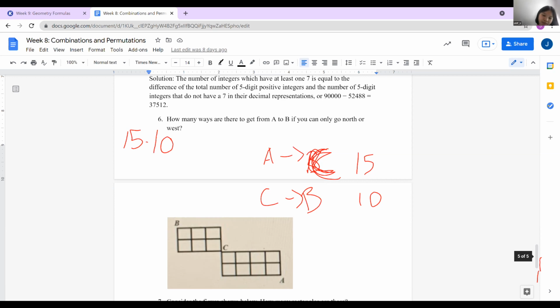Well, for this part, since we already know, we use choose to calculate each of these cases, but to calculate the whole thing, we actually multiply them together because those are independent. To construct a tree diagram kind of, for each possible value of A to C, you'll have 10 for C to B because they're independent.